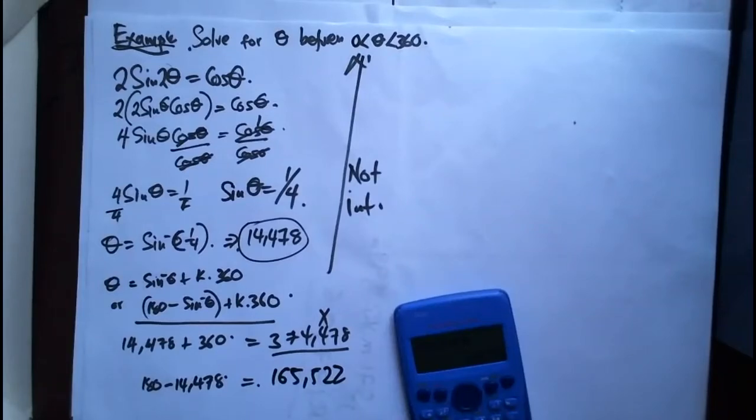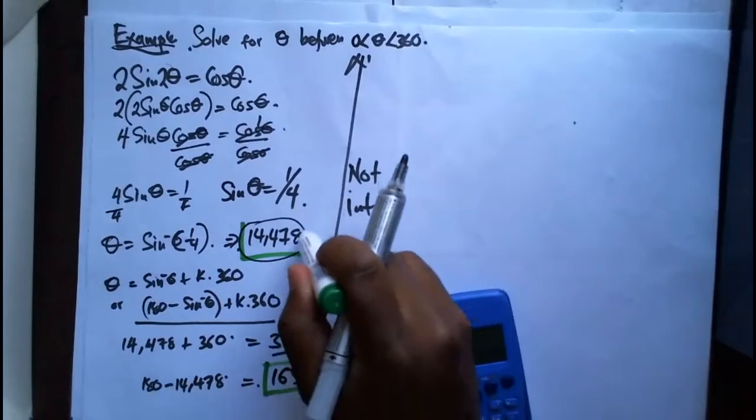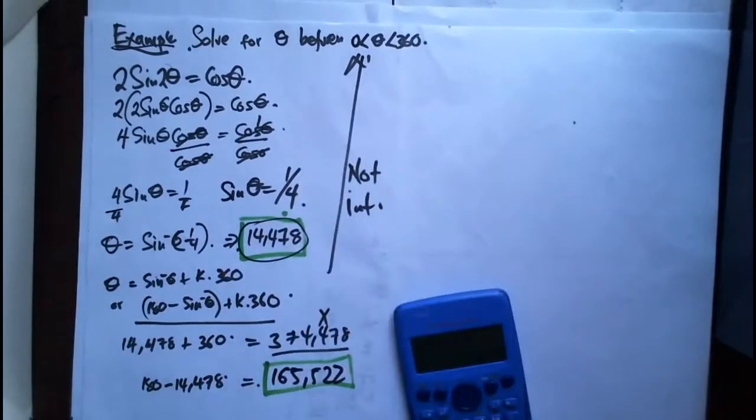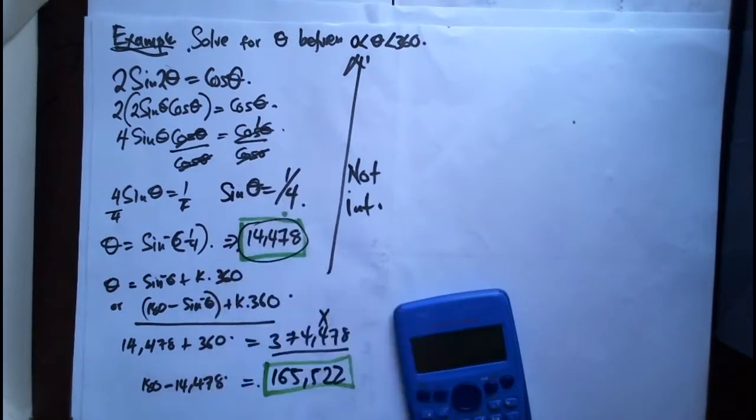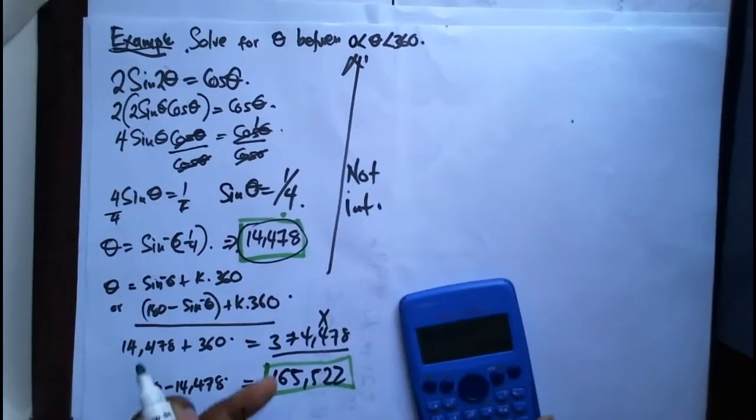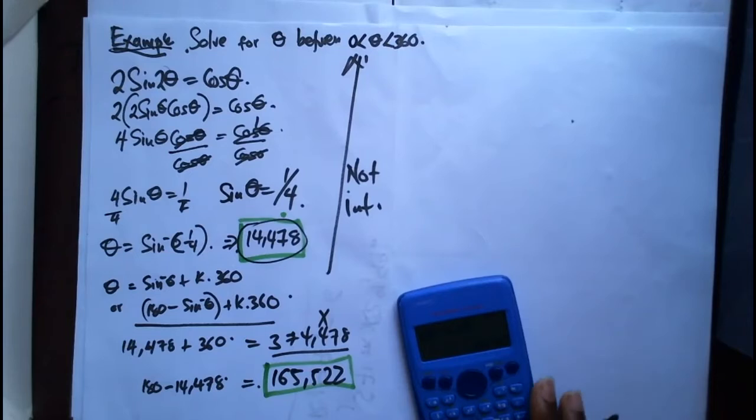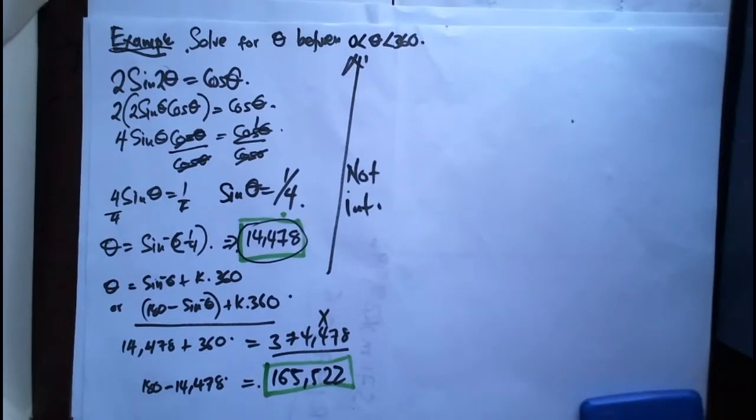So this is within range, and the other one is this one. So in this case, I only get two solutions: solution number 1, solution number 2. But if you do it this way, you miss out on some of the solutions.